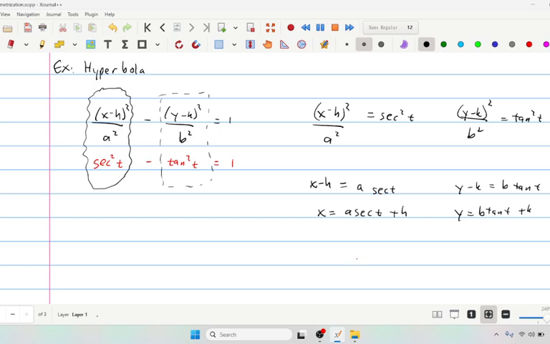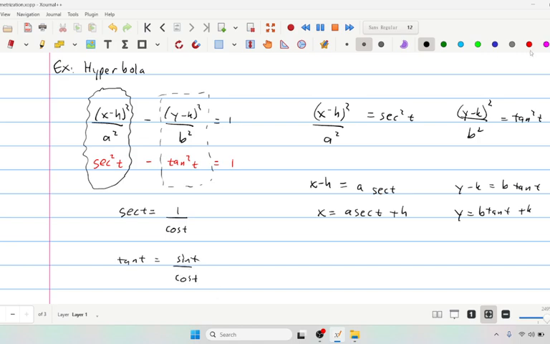Here we've got to be a little bit careful because secant and tangent have vertical asymptotes. So we want to think very carefully about what the interval for t will be here. So secant t, if you recall, is 1 over cosine t. And tangent t is sine t over cosine t.